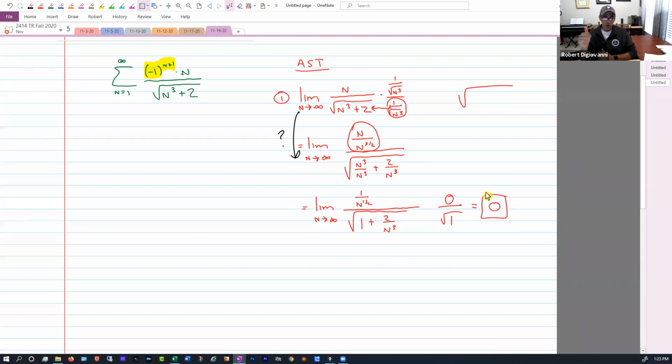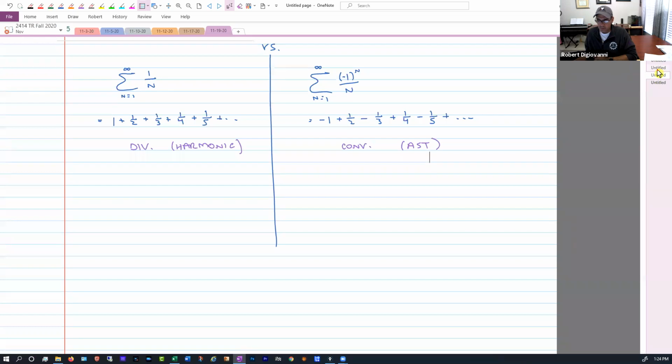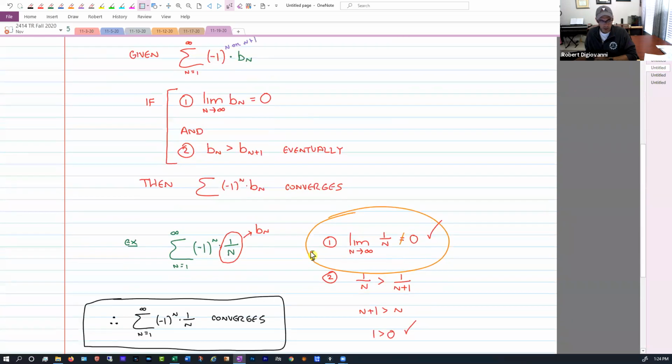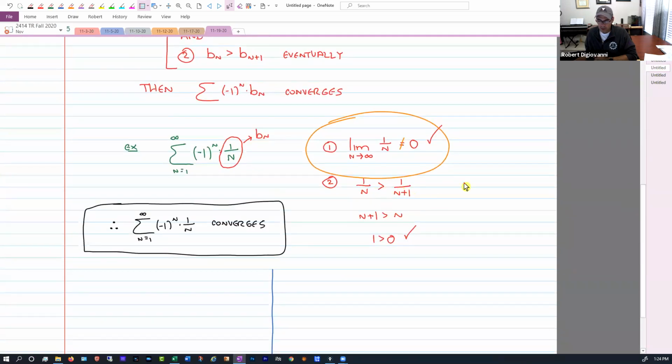So far, the first part of the alternating series test is confirmed. Now, I need to show that this is a decreasing sequence. Like we did in the previous one, where was it? Right here. We showed this.